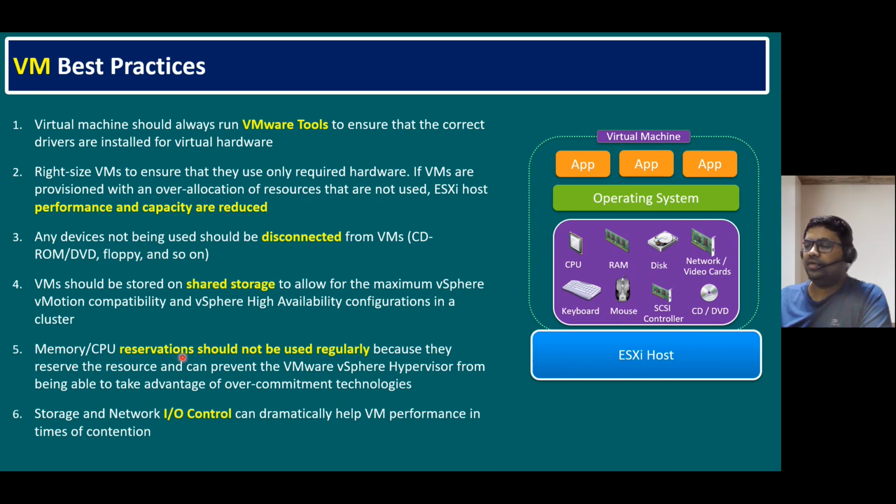And memory and CPU reservations should not be used regularly, because reserving resources can prevent the vSphere hypervisor, that means the ESXi host, from being able to take advantage of overcommit technologies. So VMware recommends that you don't reserve any CPU or memory at the virtual machine level. You can just assign based on the requirement.